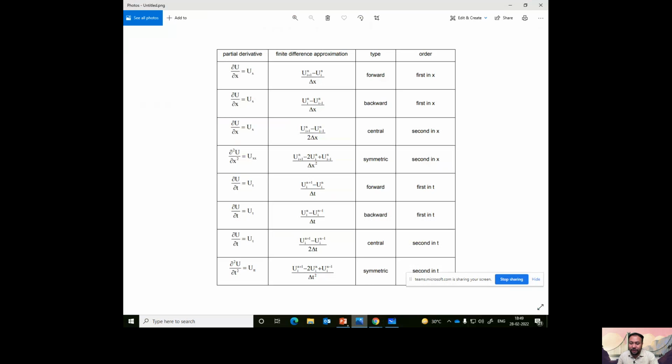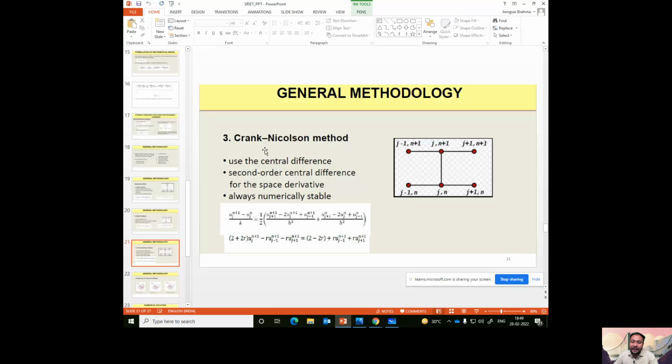If I use the central difference method, then I get the Crank-Nicolson method. In the case of explicit, we apply the forward difference method, which is not stable. In the case of the implicit method, we use the backward difference method, which is stable. But Crank-Nicolson is more stable because we use the discretization technique in central difference form.